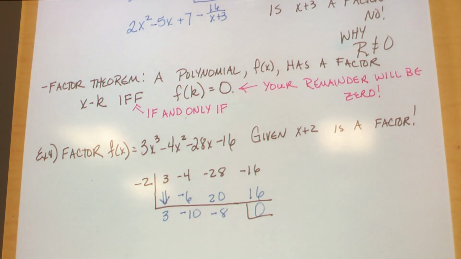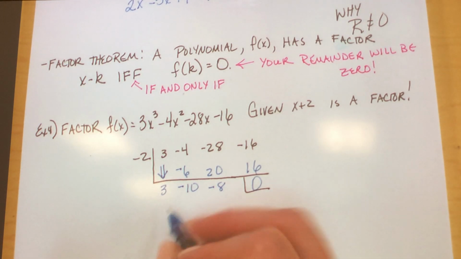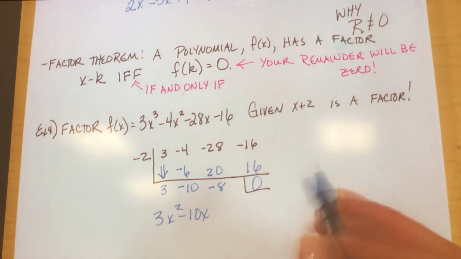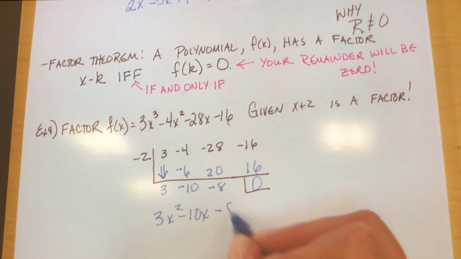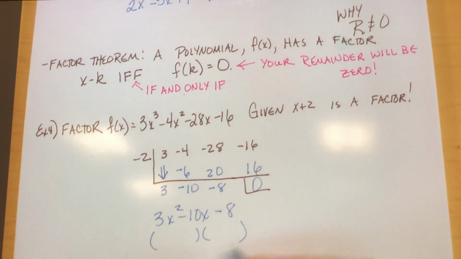All right, so what is this polynomial? What'd y'all get? 3x squared minus 10x minus 8. Very good. Can you factor it? Factor it for me. You ought to be able to do that.